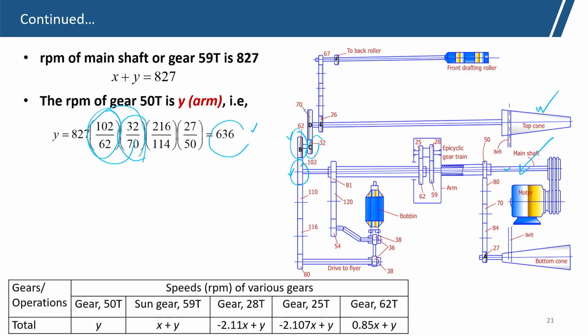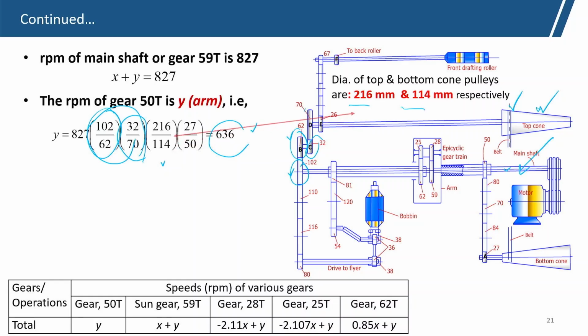Then 216 is the diameter of the top cone pulley at the starting point, and 114 is the diameter of the bottom pulley at the starting point, that we have already seen. So, this is the top and bottom cone pulley at the starting point, 216 and 114 mm, and then it has 27 and 50.